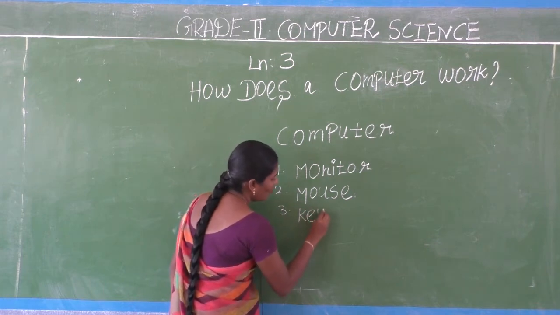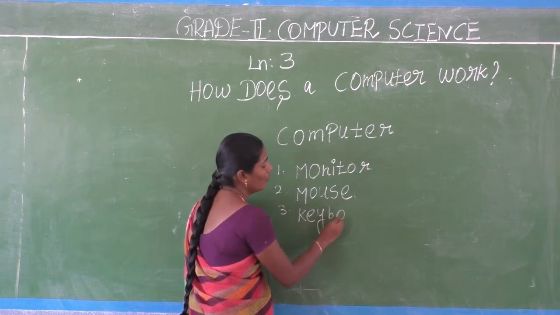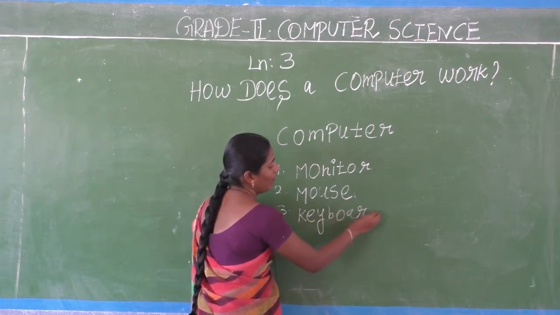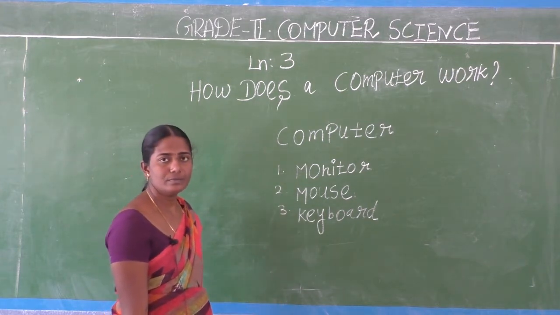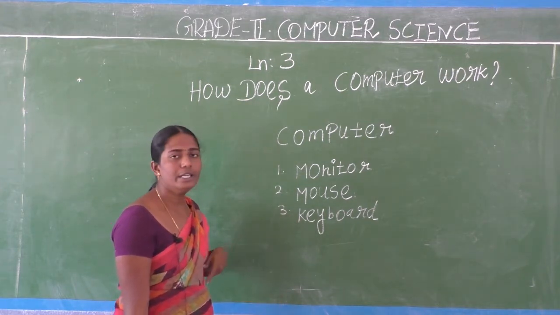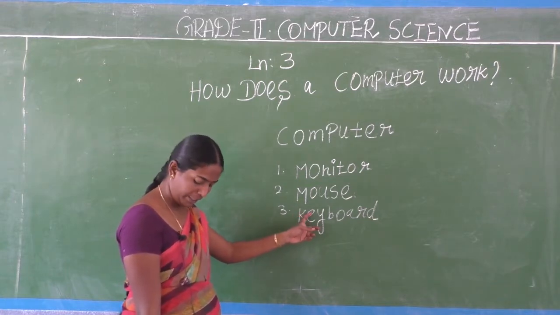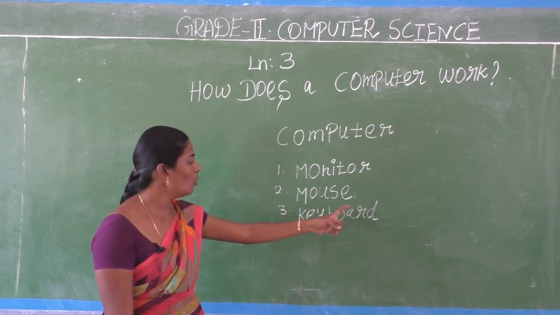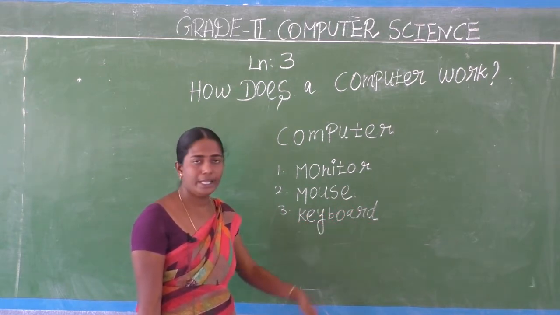K E Y, key. B O A R D, board. Keyboard. Say, what is the third one? Keyboard. K E Y, B O A R D.